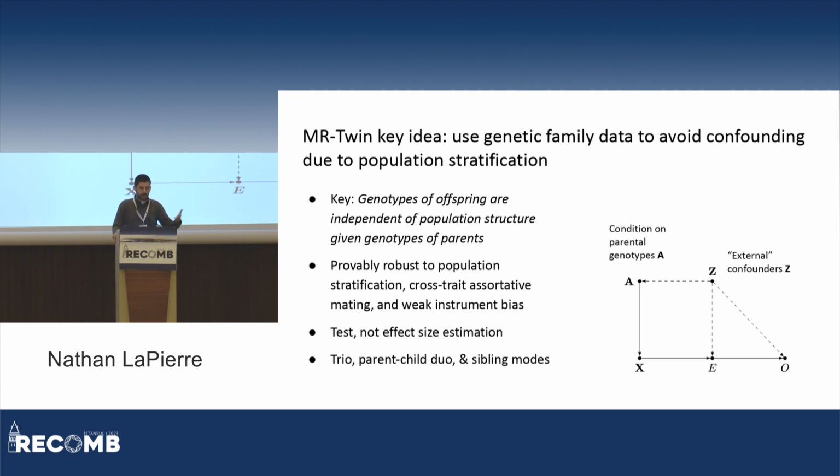I talked about population stratification, but now this works for several types of confounders. Our method, based on this principle, is provably robust to these types of biases. I just want to emphasize, I talked earlier about effect size estimation, but here we're focusing on a hypothesis test for whether the exposure phenotype has a causal effect on the outcome phenotype.